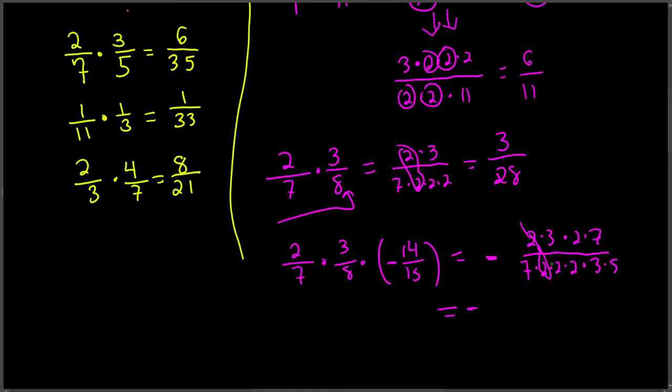These prime factors and these prime factors become 1s, and this prime factor and this prime factor become 1, and the 7 and the 7 become 1. So I have 1 upstairs and 2 times 5 left at the bottom. So I have negative 1/10.